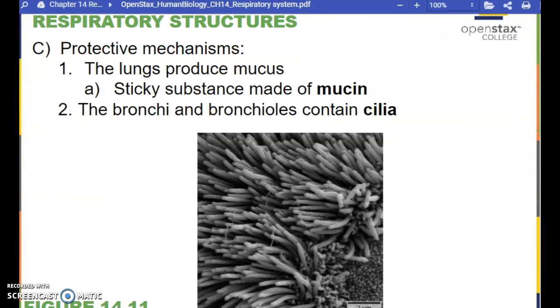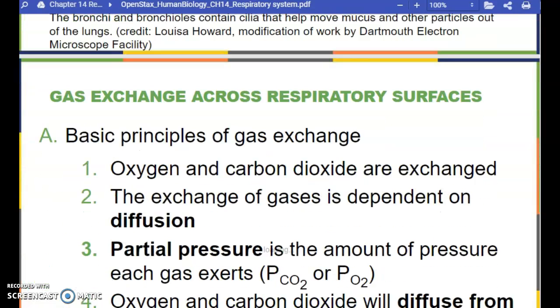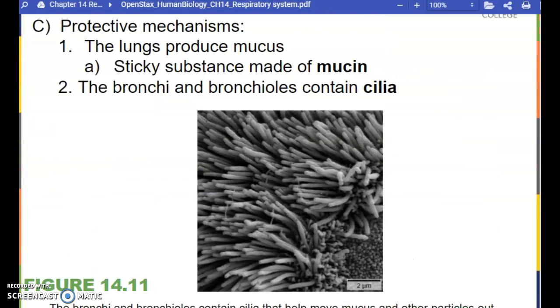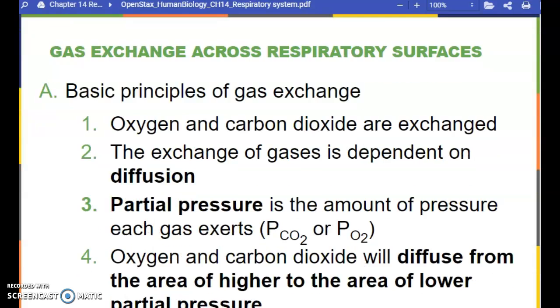The lungs produce a lot of mucus. We know that. And again, these are the cilia, the little hair-like appendages that serve to trap dust and foreign particles. Sadly, virus particles are pretty tiny, so sometimes they make it through.